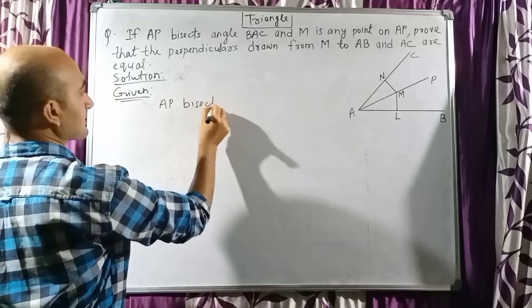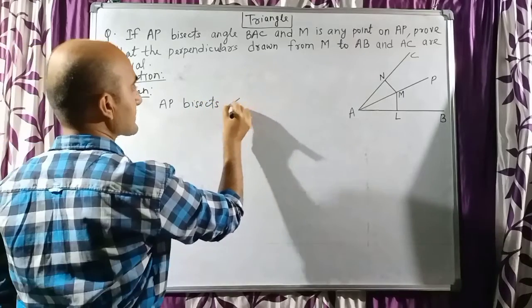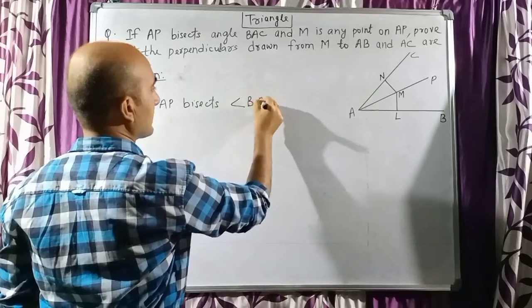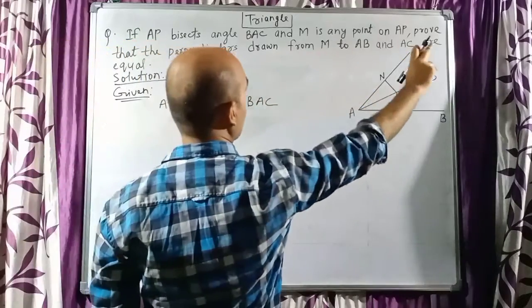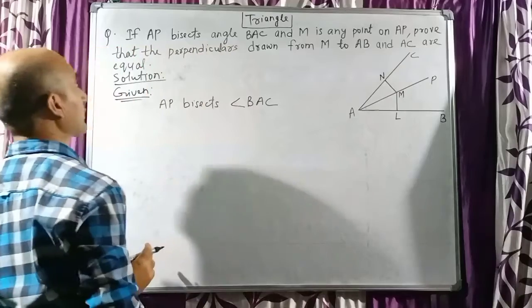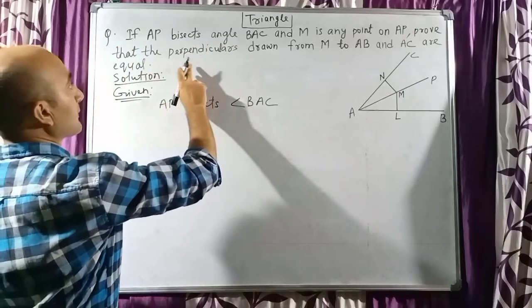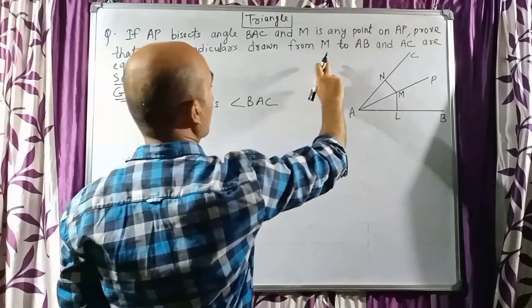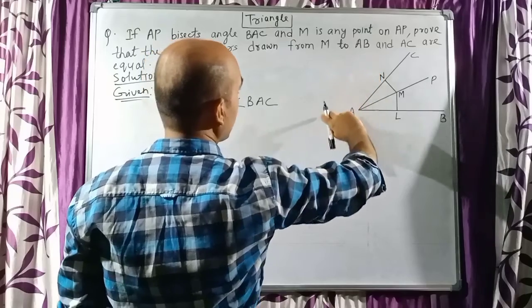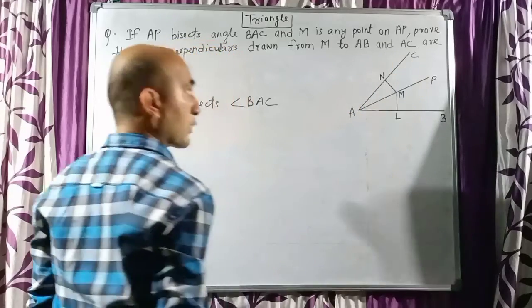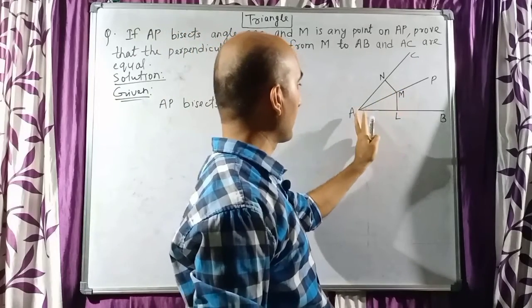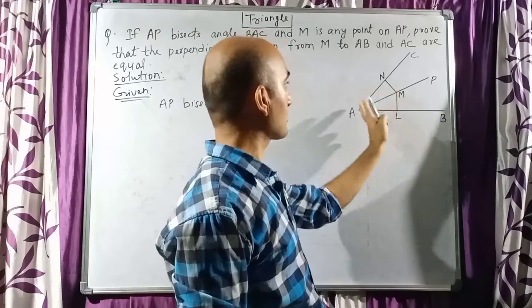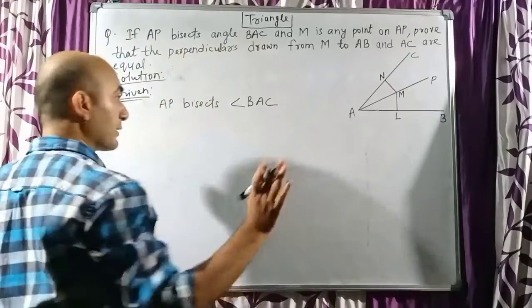Next, M is any point on AP. One more thing is given: from M two perpendiculars are drawn, one on AB and one on AC. That is given, and proving is a different thing.